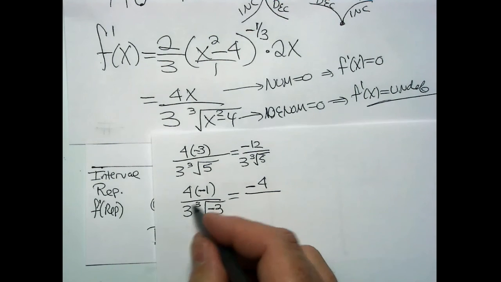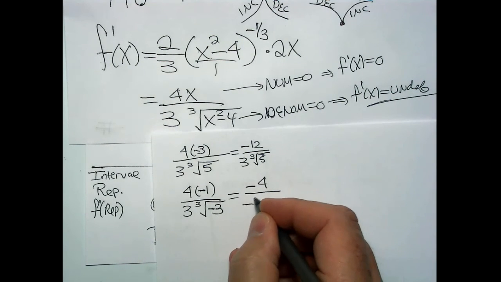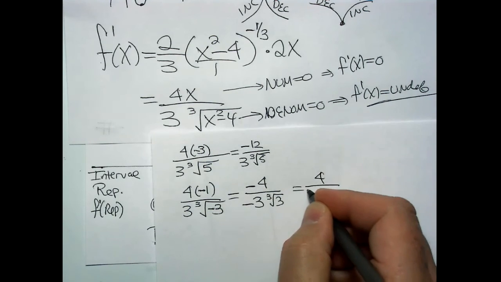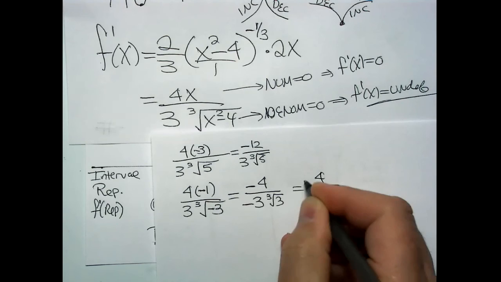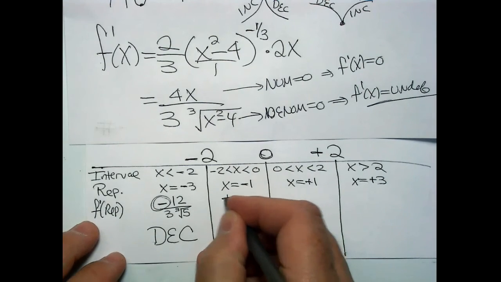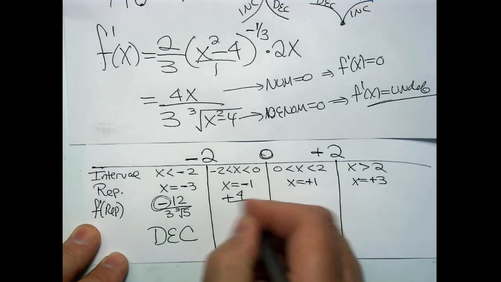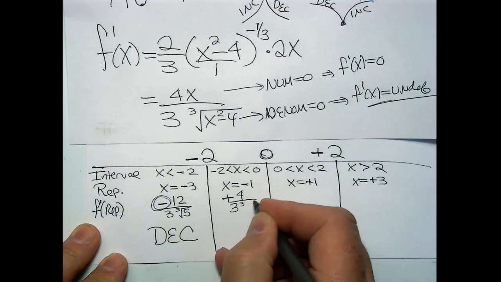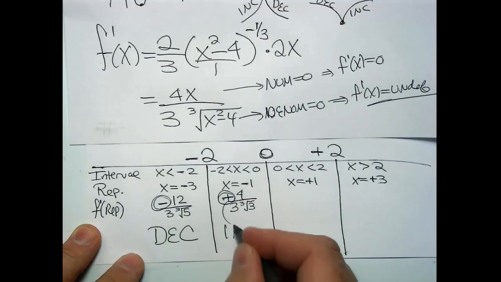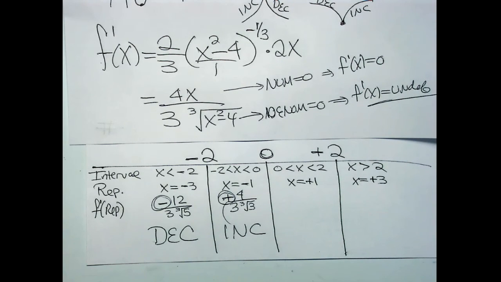In fact, you can factor the negative out. It does work. And that reveals something to me, and that is this derivative is positive. So this derivative is a plus 4 over 3 cube roots of 3. I'm not even going to bother with simplest radical form because that's all I care about. You're in a region in which the curve increases.